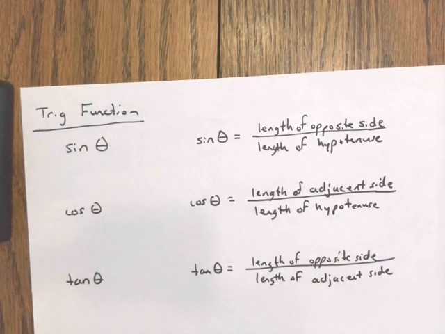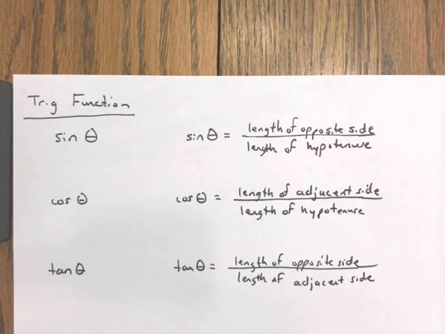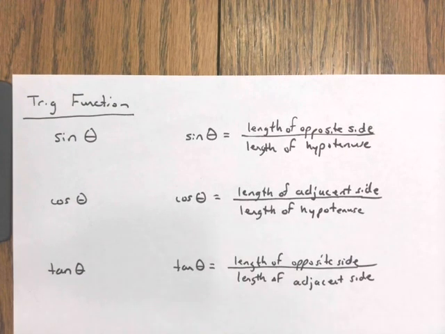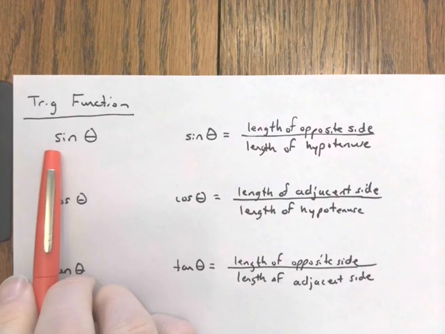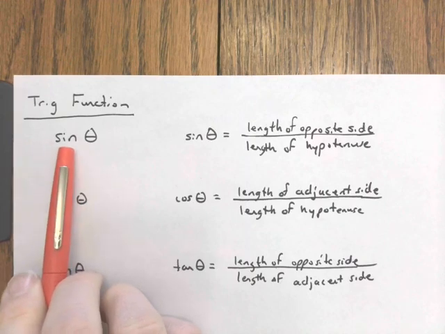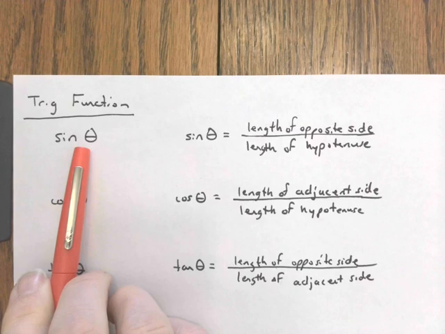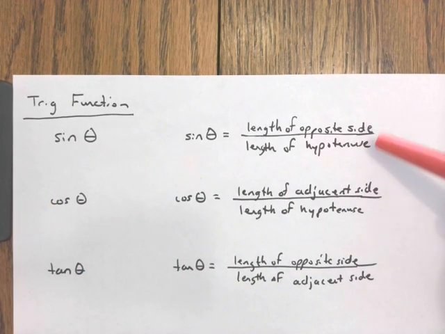So to start with, we're going to talk a bit about the three main trigonometric functions. There is the sine. Sine is spelled S-I-N-E, but we abbreviate it S-I-N. The sine of an angle is always equal to the length of the opposite side divided by the length of the hypotenuse.